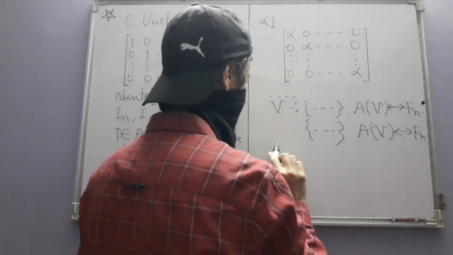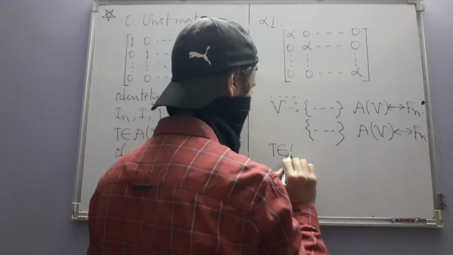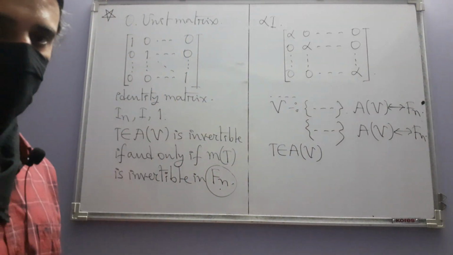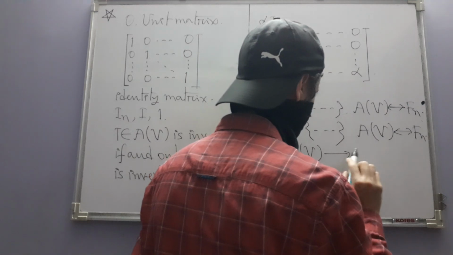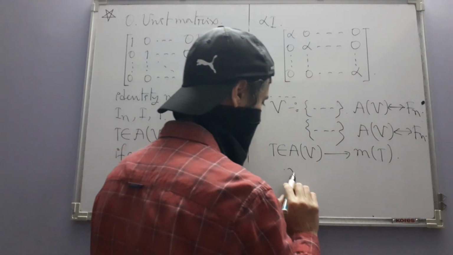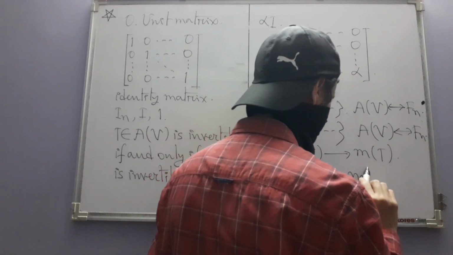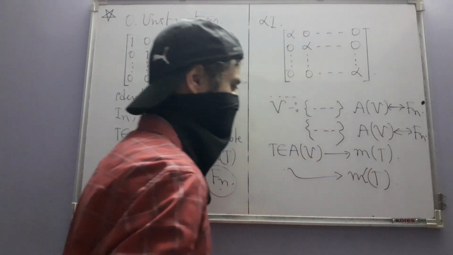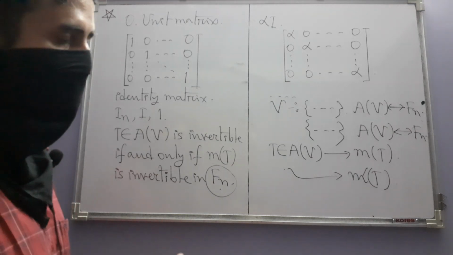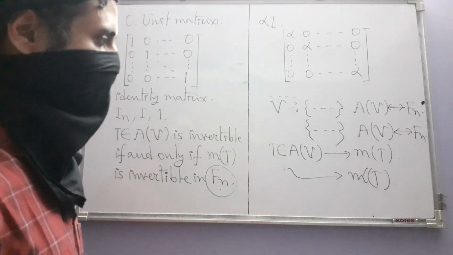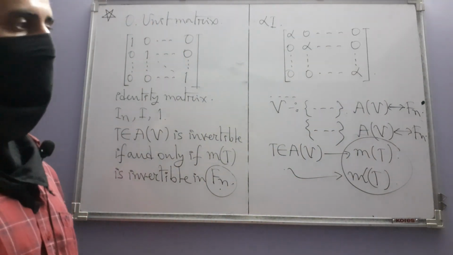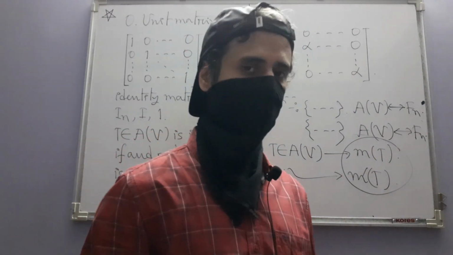In particular, if you consider T in A(V), the first algebra isomorphism will give you a matrix of T, and the second algebra isomorphism will give you another matrix of T. Because the bases have changed, the matrices will likely be different. What is the relationship between these two matrices? That's the next thing we will discuss in the next video.